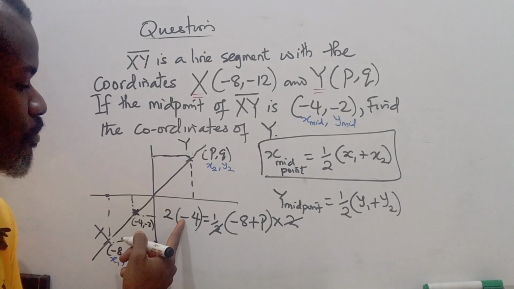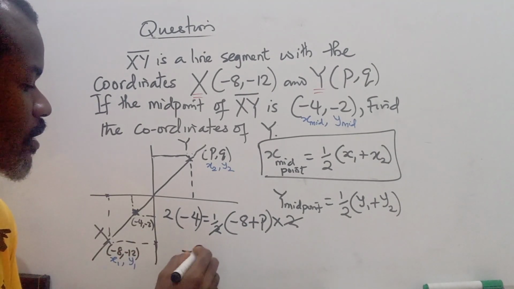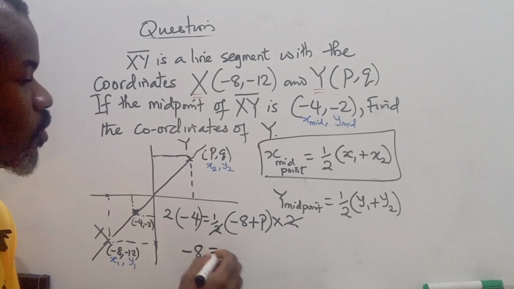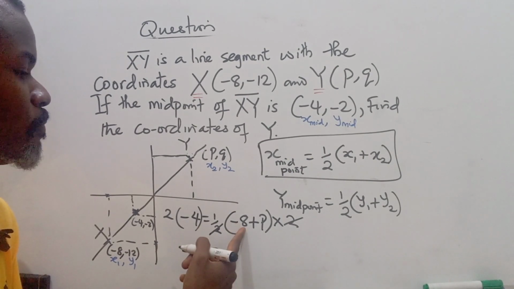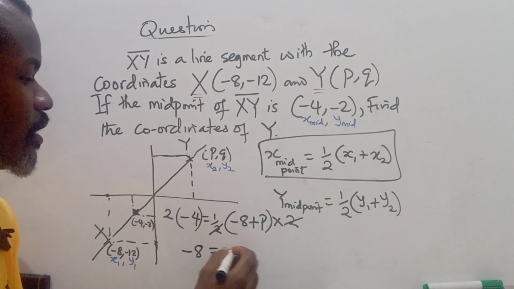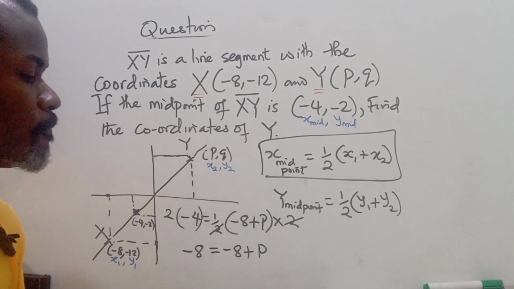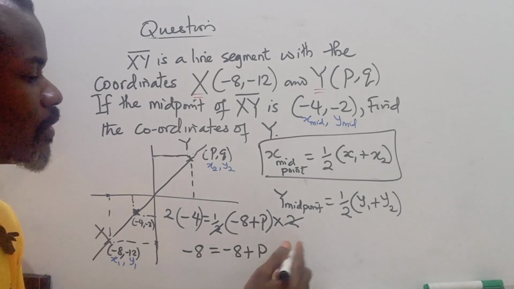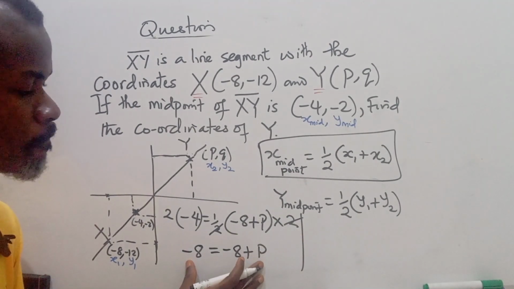So we have 2 times -4 is -8, which is equal to -8 plus P.